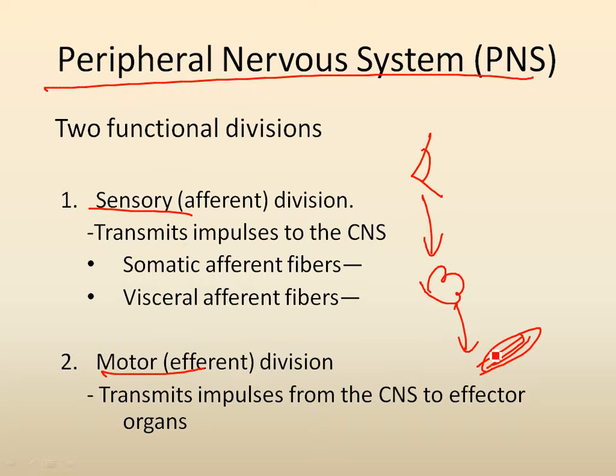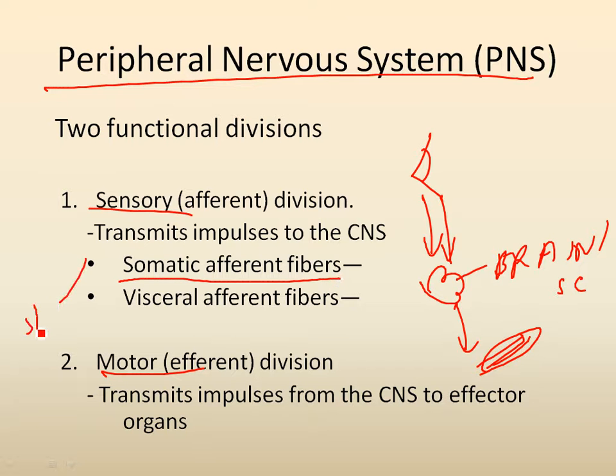So here, the sensory or the afferent division transmits impulses to the central nervous system, which is the brain or the spinal cord, and consists of the somatic afferent fibers, which convey impulses from the skin, from the skeletal muscles, and from the joints. And there's the visceral afferent fibers that convey messages from the visceral organs.